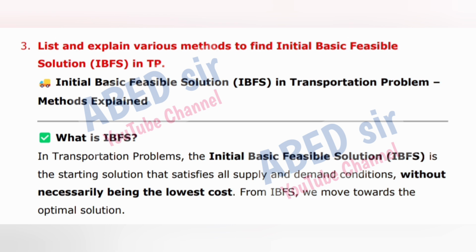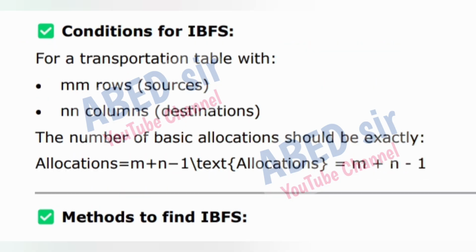What is IBFS? In transportation problems, the initial basic feasible solution, IBFS, is the starting solution that satisfies all supply and demand conditions without necessarily being the lowest cost. From IBFS, we move towards the optimal solution. Conditions for IBFS.